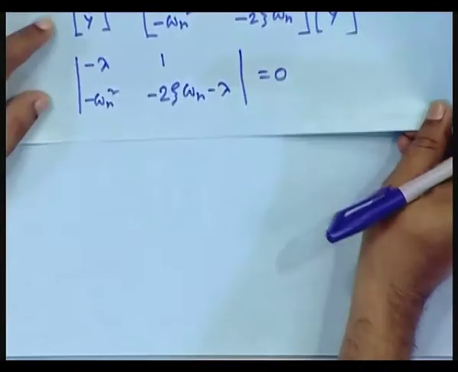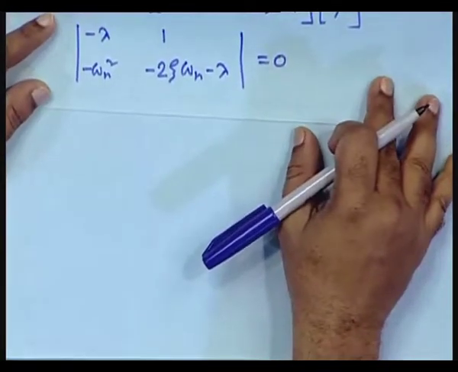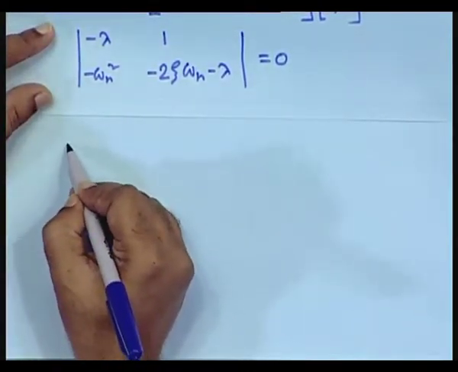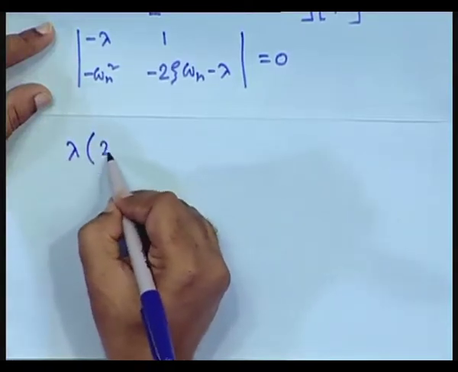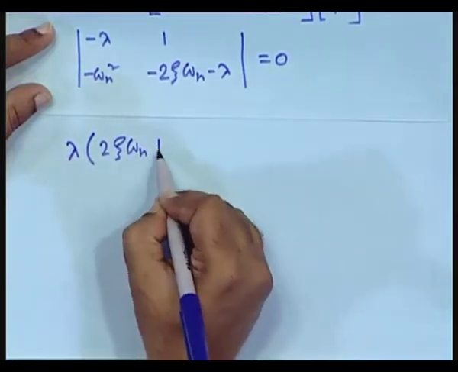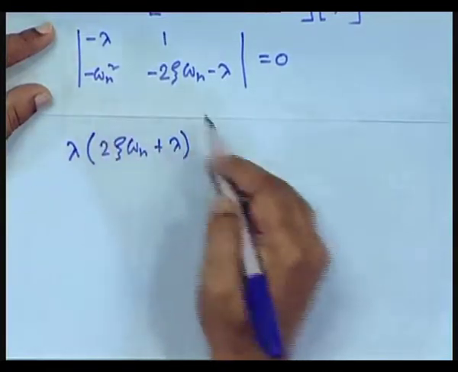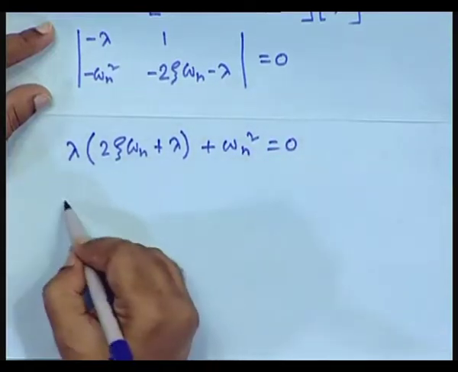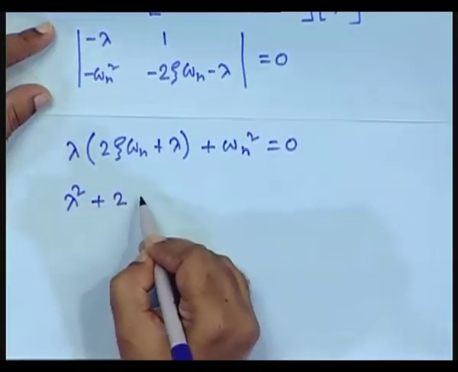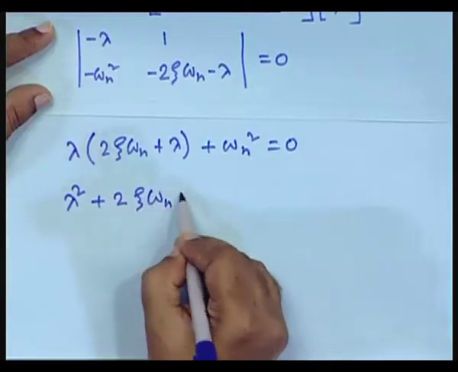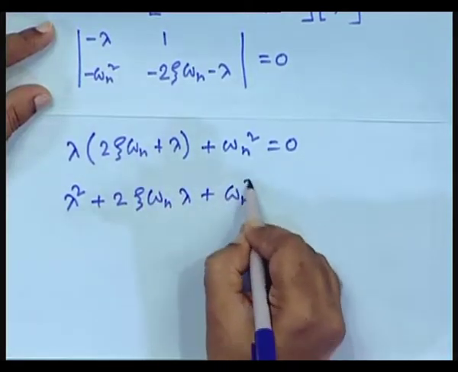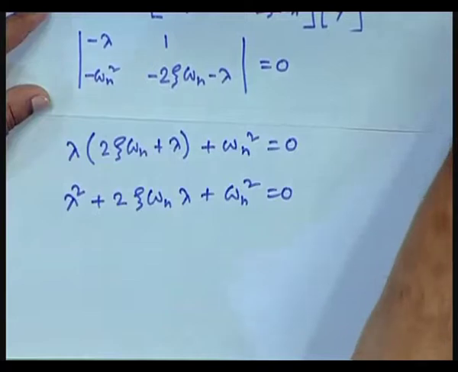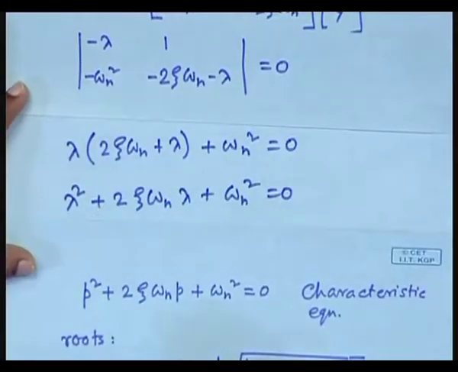This yields lambda times twice zeta omega n plus lambda plus omega n square is equal to 0. Lambda square plus twice zeta omega n lambda plus omega n square is equal to 0. Notice that this is exactly the same as the characteristic equation that you had obtained.